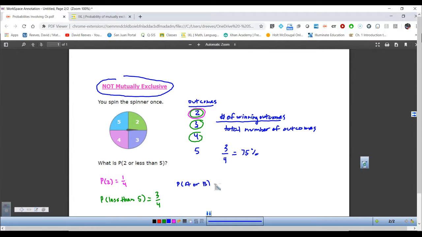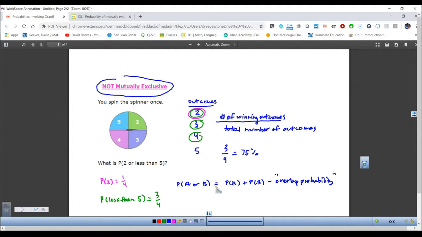Well, we're going to do the probability of A plus the probability of B, but we're going to subtract what I'm going to call the overlap probability. What is that overlap probability? That's the one that occurs more than once, right?